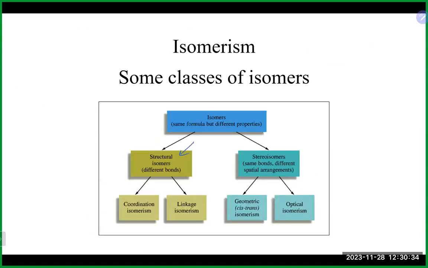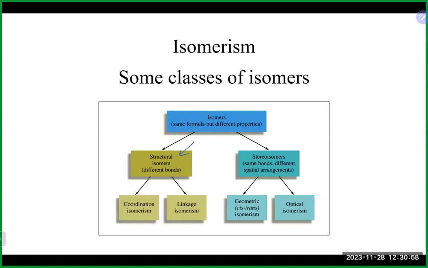All right, so continuing on here, let's talk a little bit about isomers. Isomers are typically things that have the same formula, but a lot of times they vary in how they are connected. There are different classes of isomers. Structural isomers have different bonds, and some of those are, in this case, coordination isomers and linkage isomers.